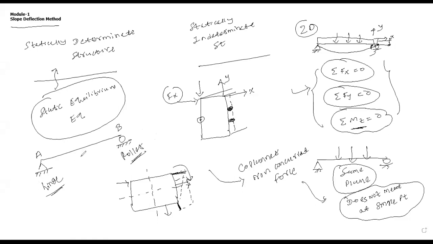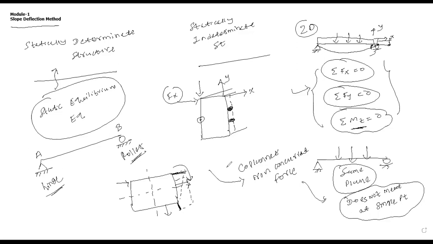Now tell me the number of reactions at a hinge support. First of all, how many reactions at a hinge support, and how many reactions at a roller support? Tell me first. Hinge support will have 2. Please give me the answer in the chat box only, so all people can give me an answer. Okay, so I can understand what you people know or not.